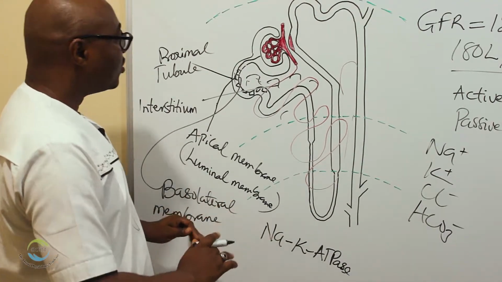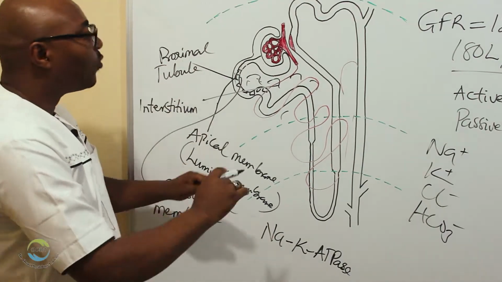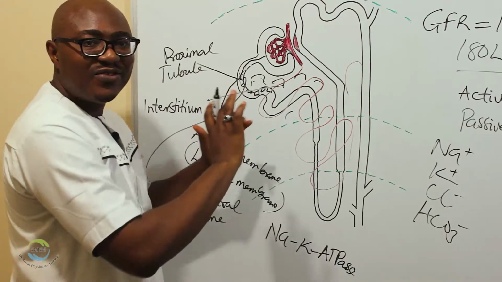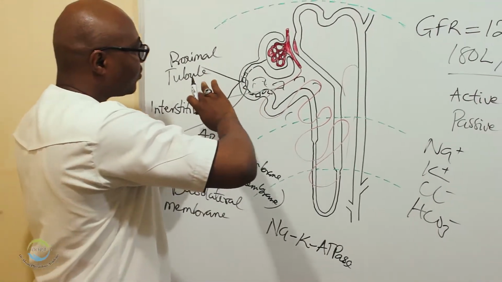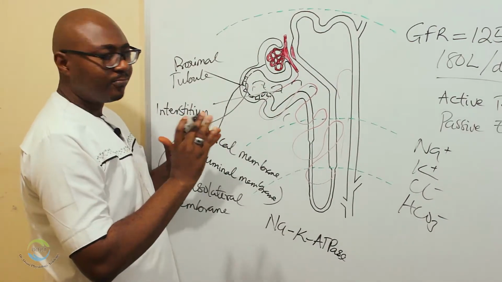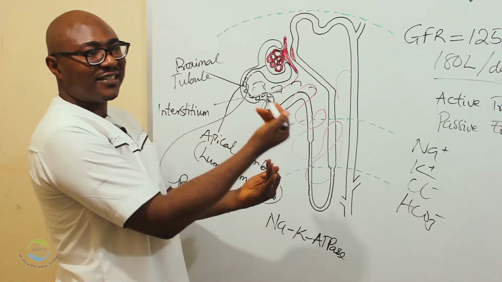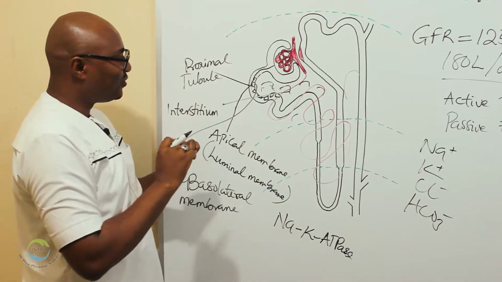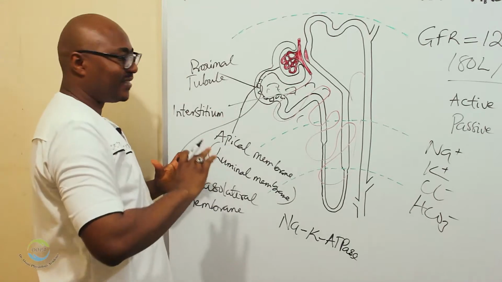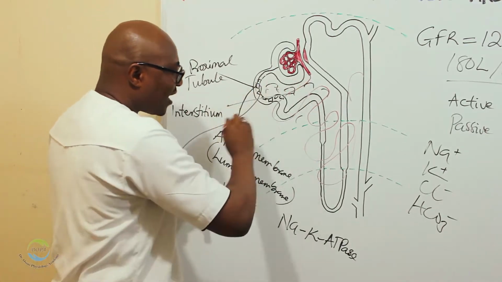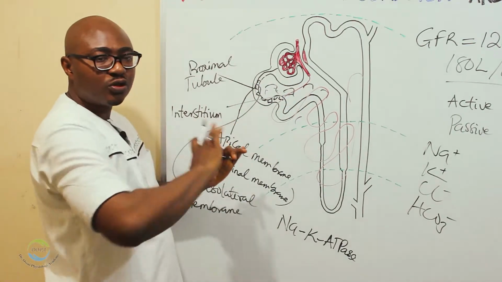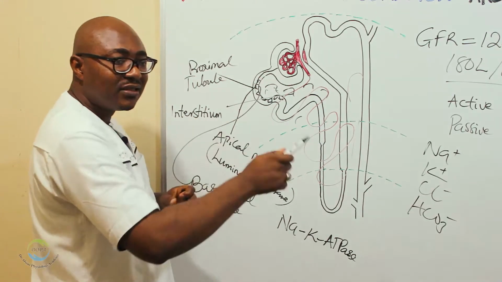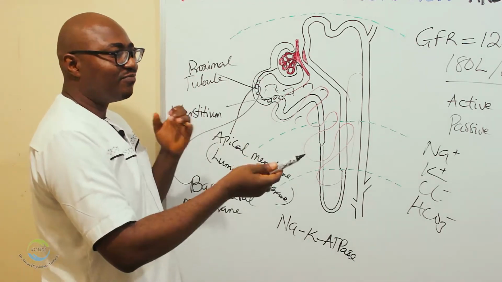And what does it do? It transports 3 molecules of sodium outside of the cell, and at the same time transports 2 molecules of potassium inside the cell. It does not stop. It is always taking sodium outside the cell and bringing potassium in.